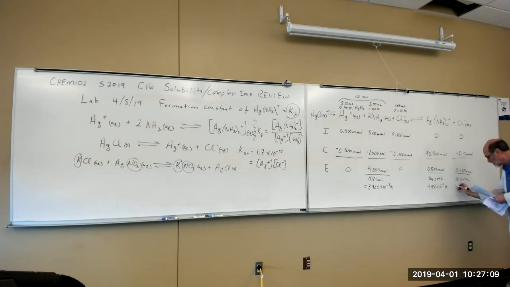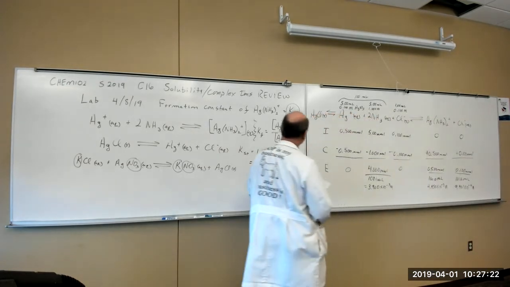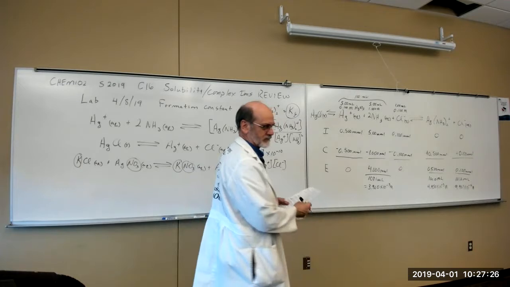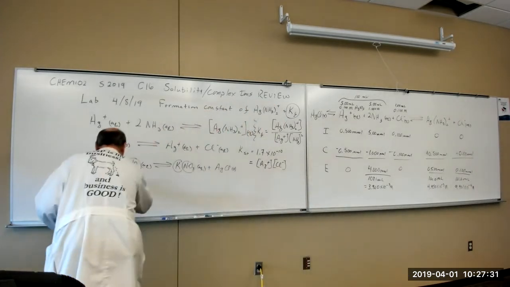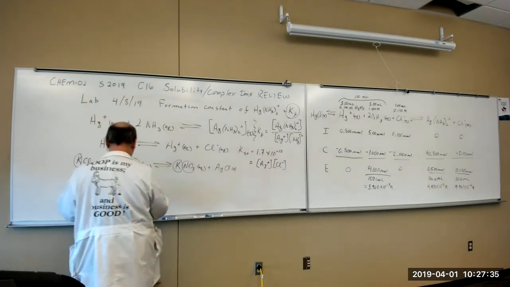This is 9.01 times 10 to the minus 4. Now we have our equilibrium values. We can plug them into the equation, the one that I erased. So now the Kf, go back to the equation that I erased.